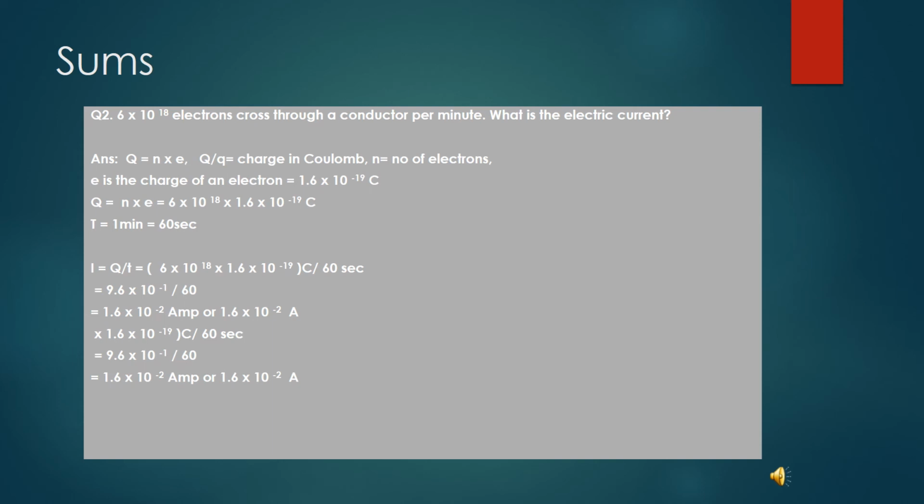So I get I is equal to Q by T. Instead of Q, I can now write 9.6 into 10 to the power minus 1 by time is given in 1 minute means 60 seconds, so I write 60. Solve and I get 1.6 into 10 to the power minus 2 ampere.